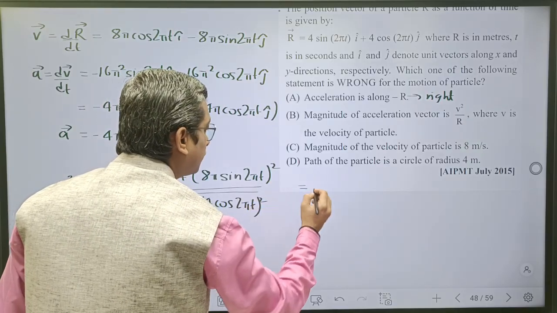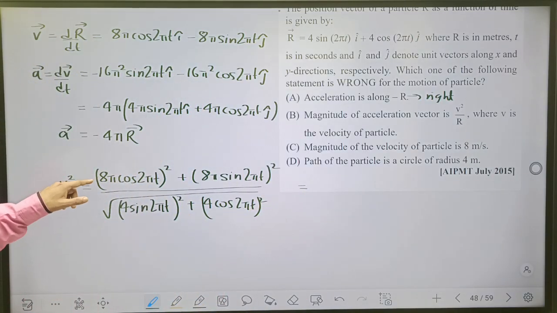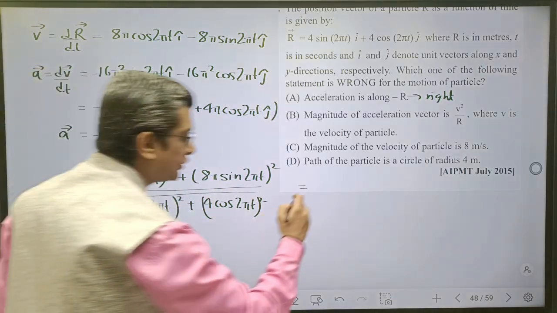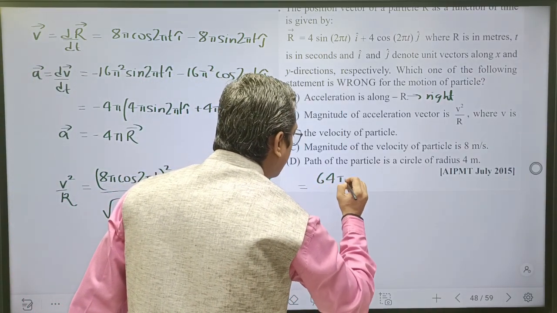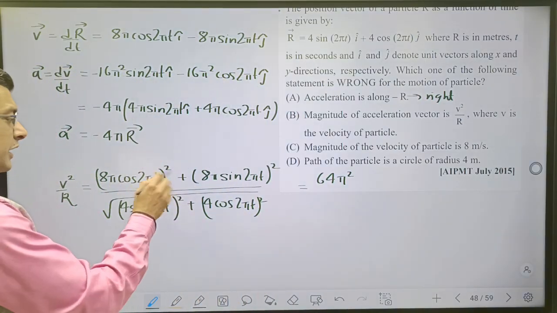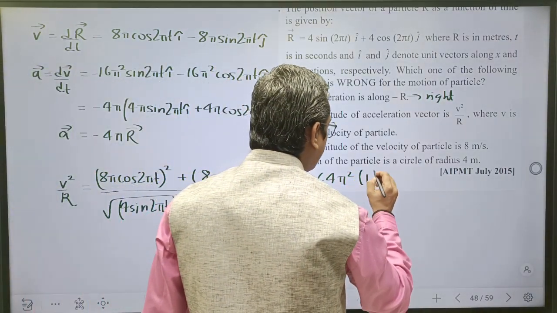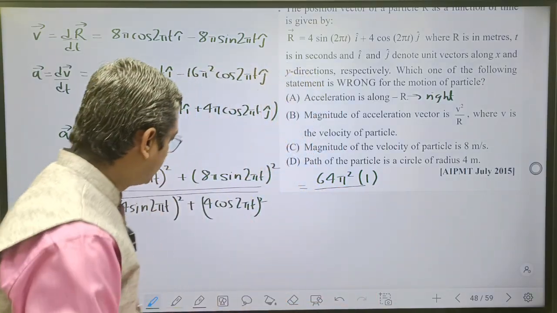Now if you solve this, observe carefully. You can take 8 pi square common, so outside you will have 64 pi square. Inside the bracket, cos square 2 pi t plus sin square 2 pi t is equal to 1, since sin square theta plus cos square theta is 1.